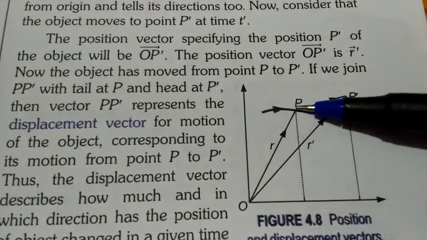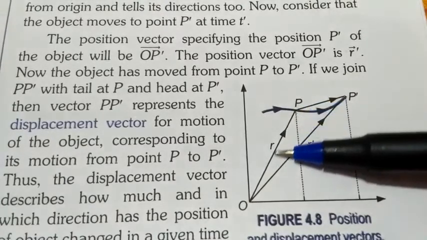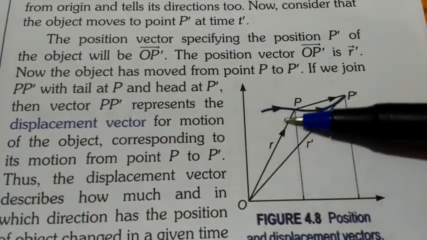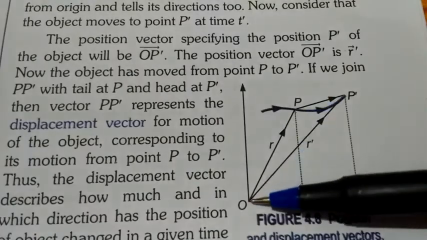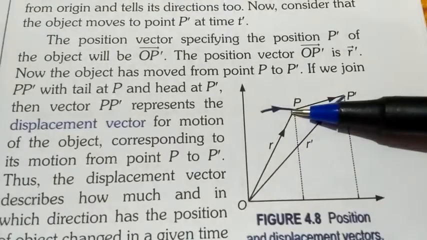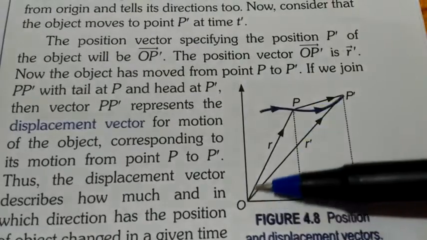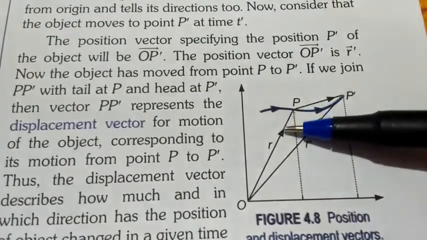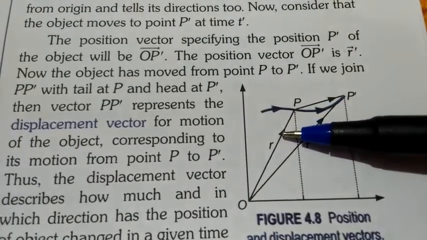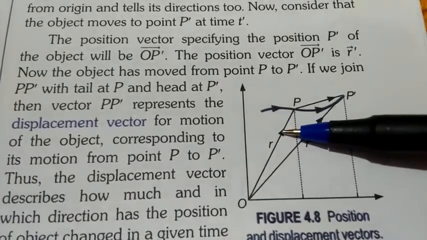So if point P is there and we have to find its position, we compare its distance from the origin. Here from O you can see one straight line joining O to P. The length of this straight line shows how far point P is from the origin. That's why this line is a position vector. Why is it a vector? Because it shows not only the magnitude but also the direction. So it is the position vector.